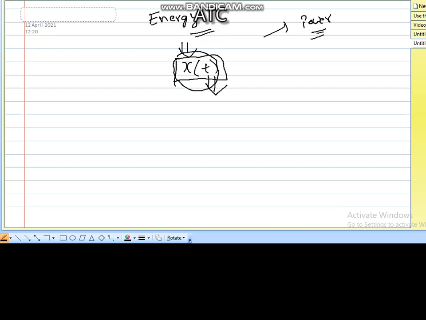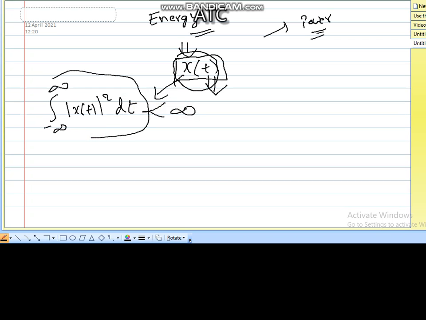If the signal gives you this information, that the integral of |x(t)|^2 dt is a finite value, then it is an energy signal.